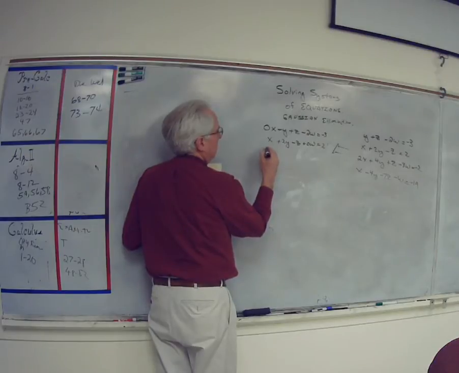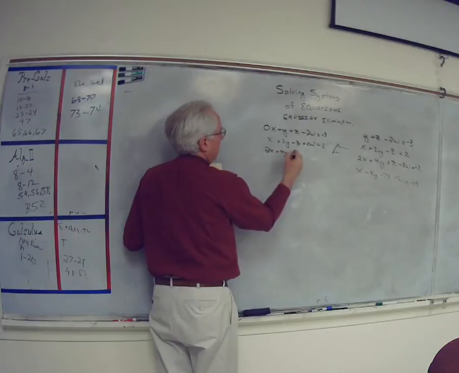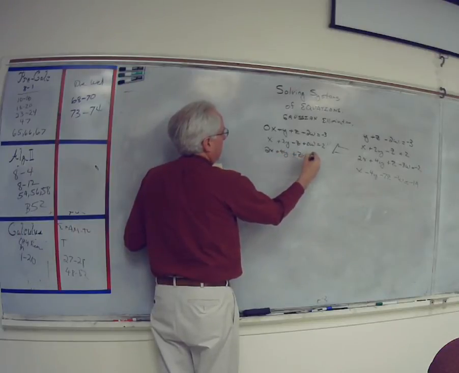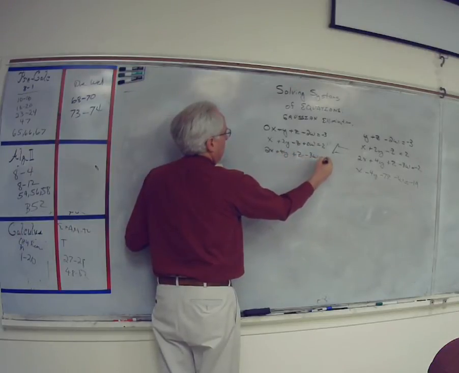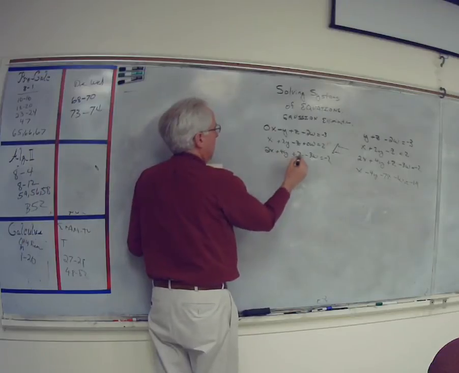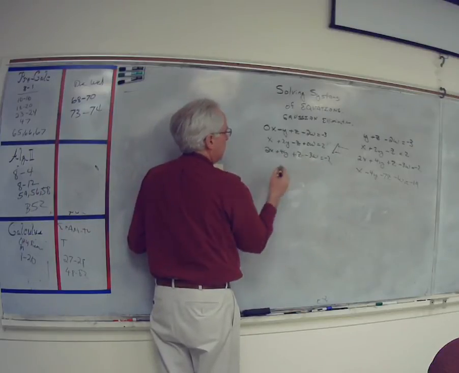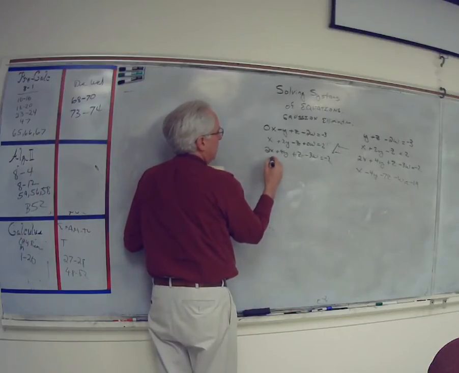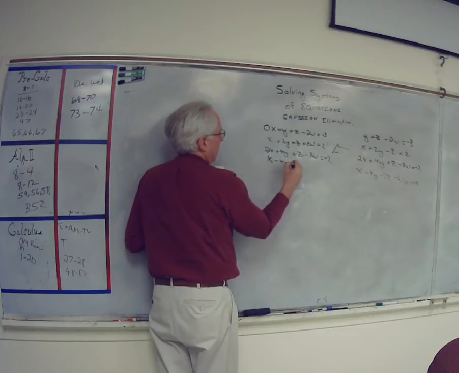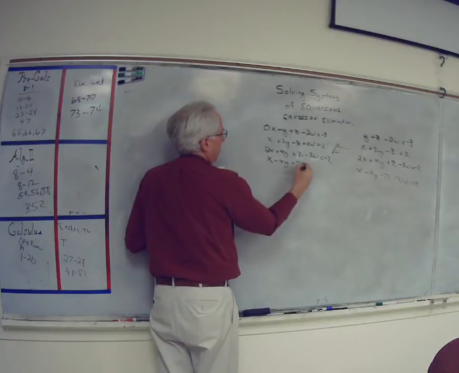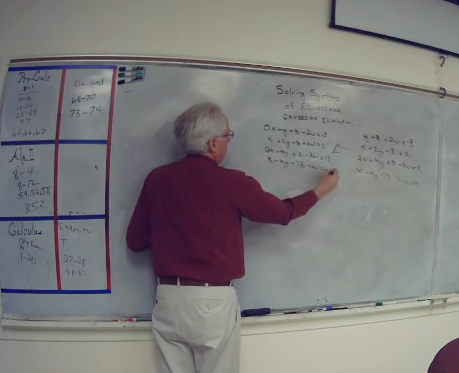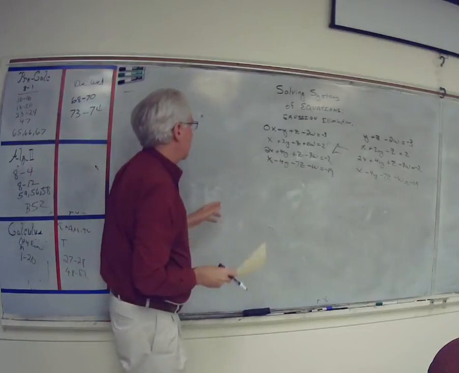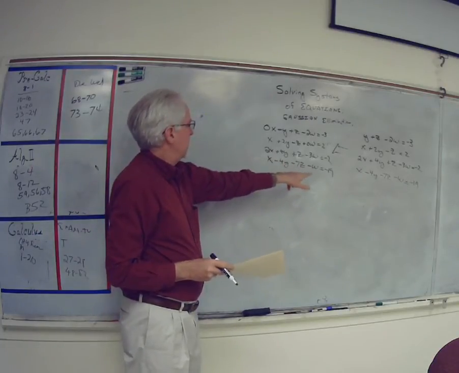The next one will be 2x plus 4y plus z minus 3w equals negative 2. And then Emmy Grace, do the last one, please. So it'd be x minus 4y minus 7z minus w equals negative 19.